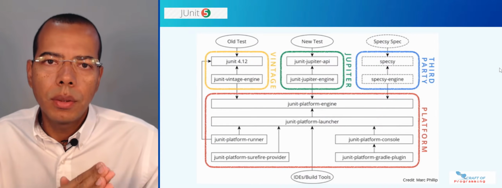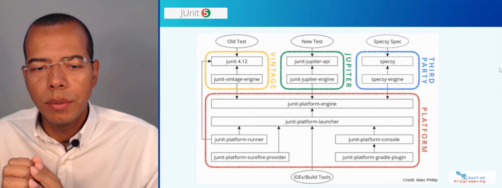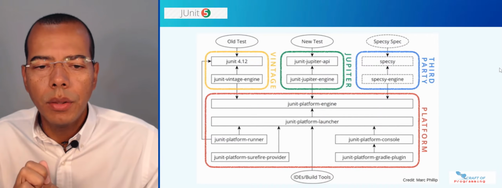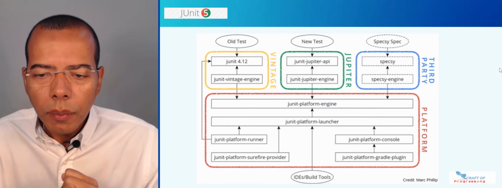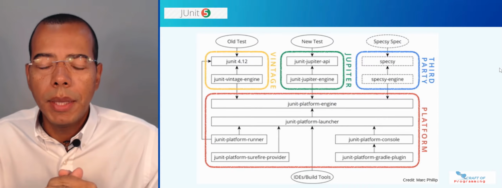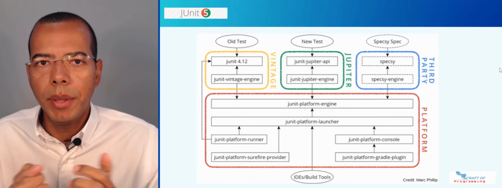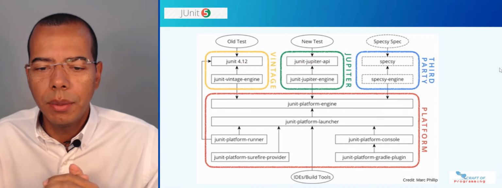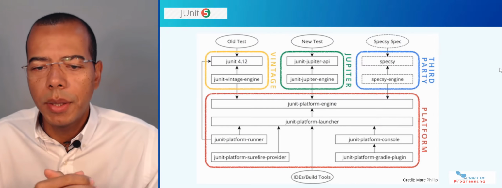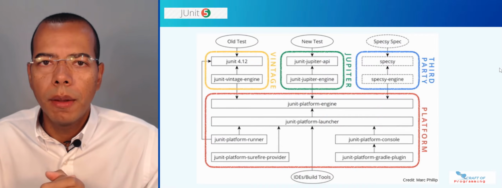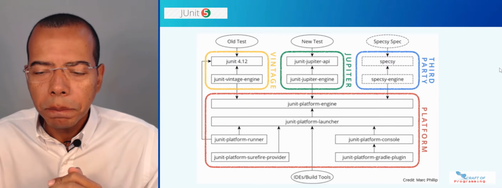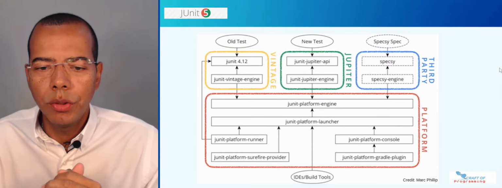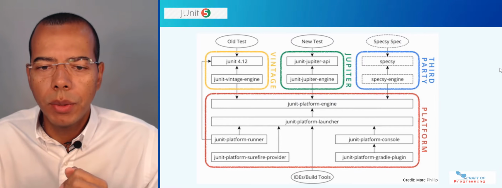People that have old JUnit 4 tests just depend on the vintage engine via the JUnit 4.12 jar. Platform implementers like IDEs and build tools depend on the platform, and there is a third-party dependency for people writing third-party frameworks that integrate with JUnit. They would depend on the platform as well.